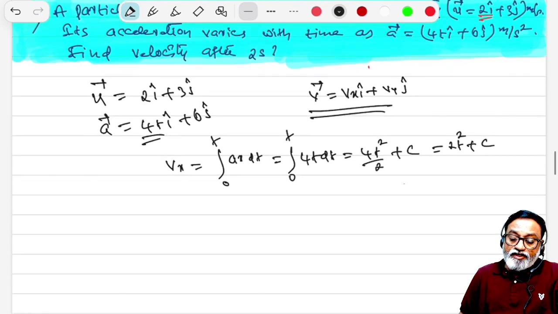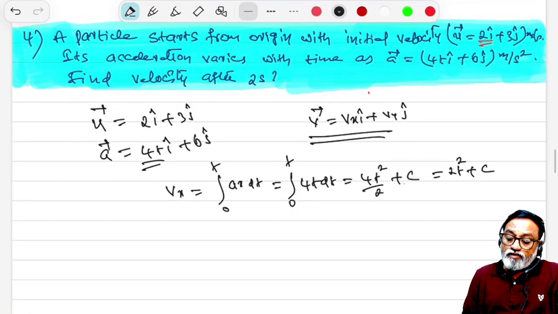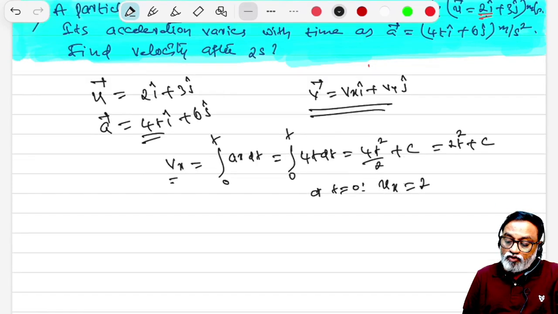But at t is equal to 0, initial velocity is given as 2. Therefore, at t is equal to 0, along x direction, ux is equal to 2. Therefore, here this Vx is equal to ux, that is equal to 2.